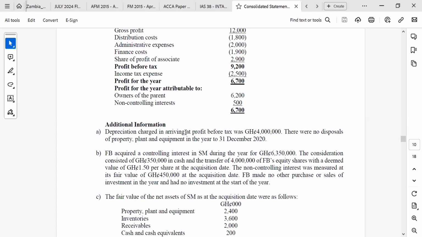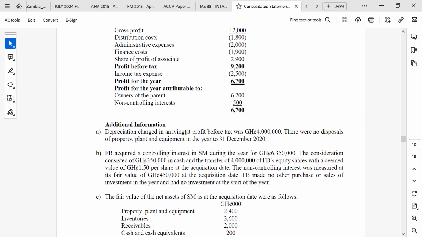The non-controlling interest was measured at its fair value of 450,000 Ghana cedis at the acquisition date. FB made no other purchase or sales of the investment in the year and had no investment at the start of the year.